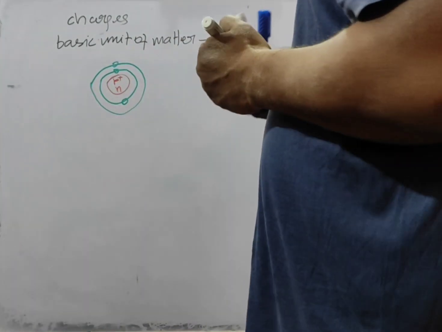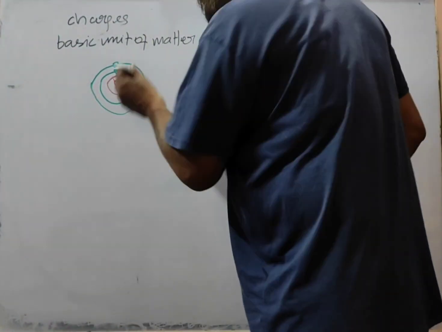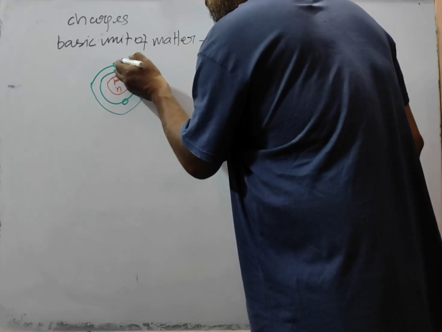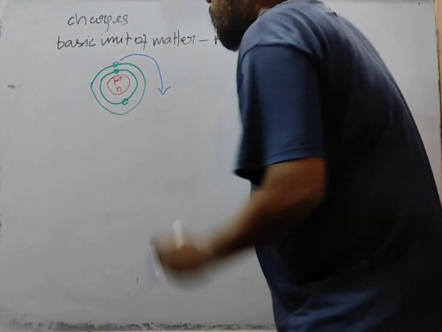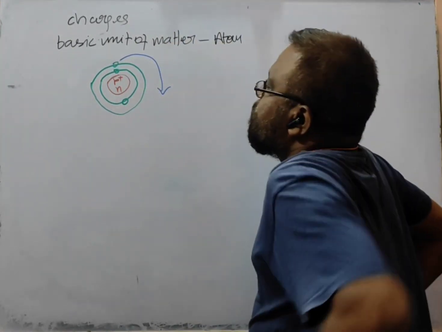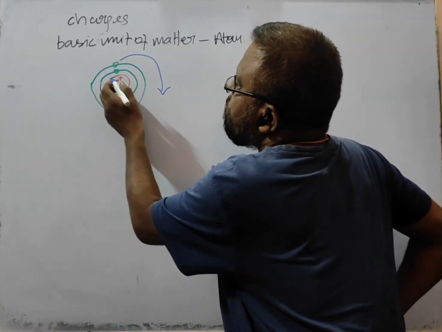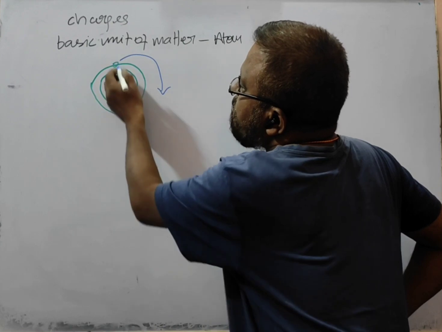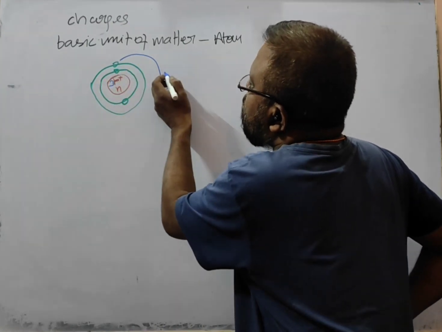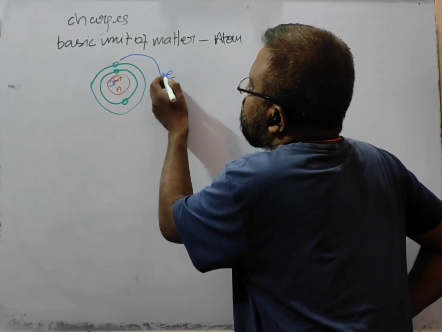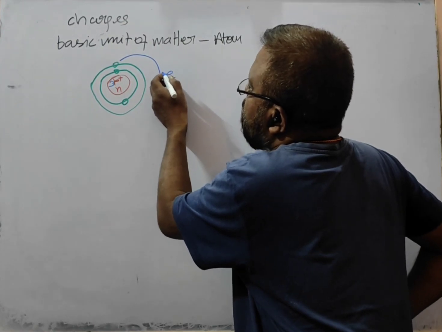So here is 1. If it loses 1 electron, then what happens? There is 3 unit positive charge and 3 unit negative charge, 3 electrons are there, but 1 electron comes out. It lost 1 electron.